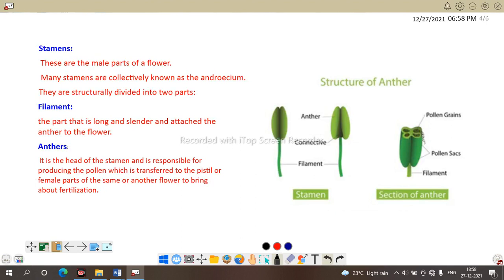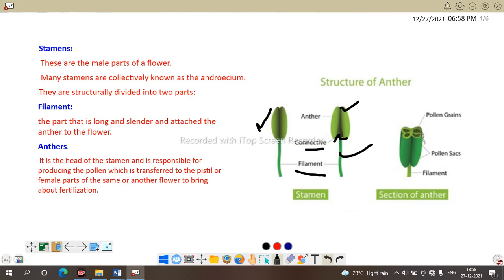Next part is the stamen. These are the male parts of a flower. Many stamens are collectively known as androecium. Here is a single stamen, and it contains two different parts. First is the filament and next is the anther, and in between the filament and anther, the part which connects the anther with the filament is known as the connective.